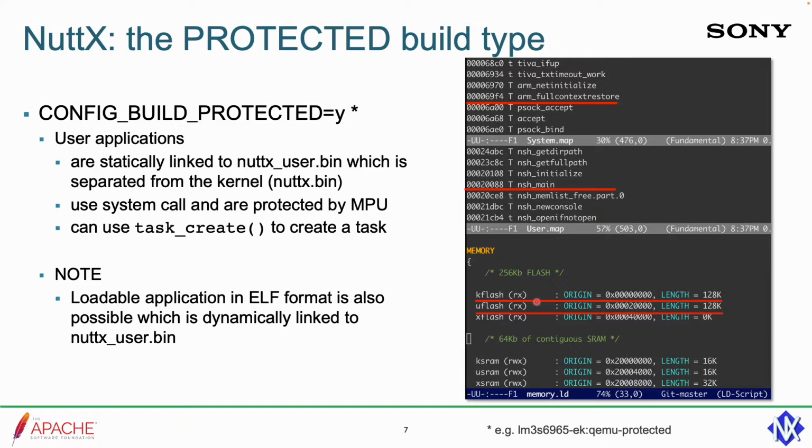As you can see in the linker script and the map file, kernel code and the user code are separate. So please note that loadable applications is also possible. However, the applications are dynamically linked to NuttX user.bin, which is not the NuttX kernel.